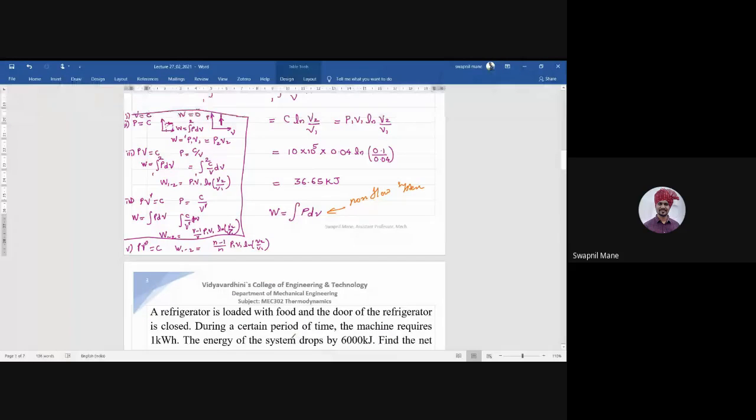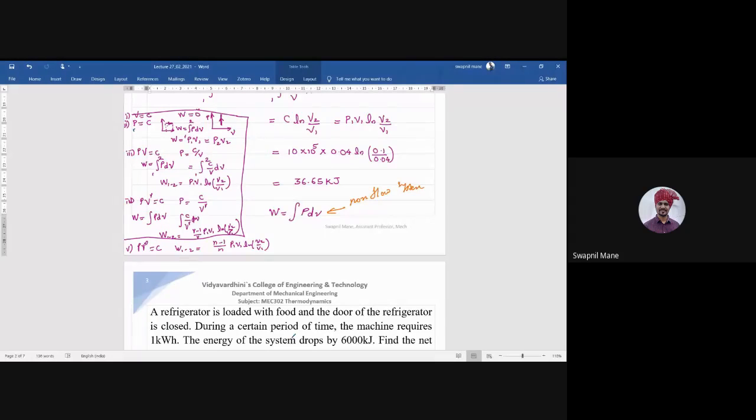Identify these 5 relations. These 5 relations you should remember. 1, 2, 3, 4, 5. How much time did it take me to write these? With these 5 relations, hardly 1 or 2 minutes. So this should be your revision, isn't it?